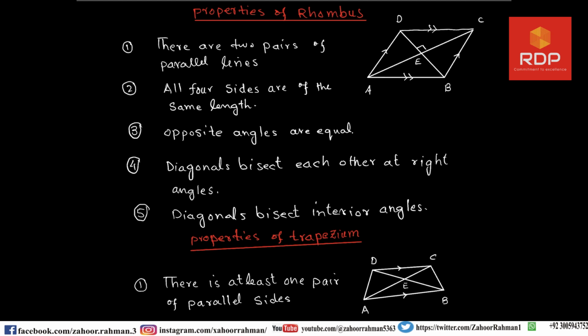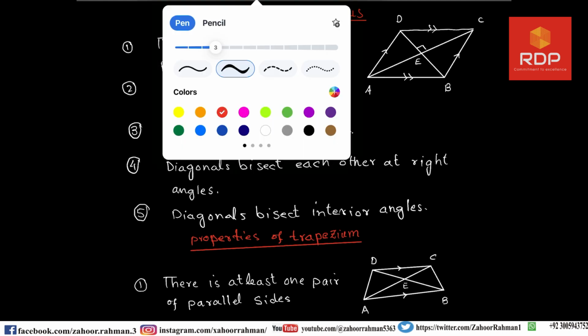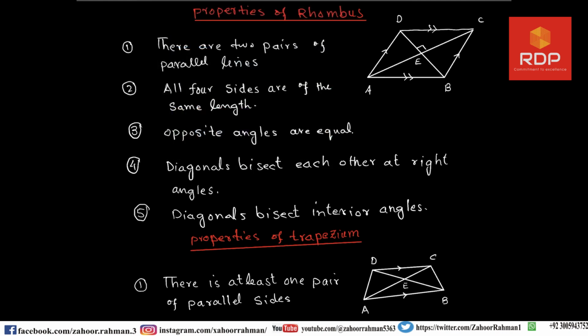Yes. Third number is opposite angles are equal. So this angle will be equal to this angle and this angle will be equal to this angle. You have to bear this in mind while solving the exercise questions.